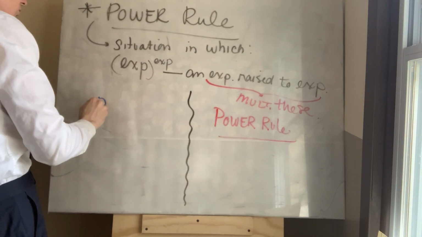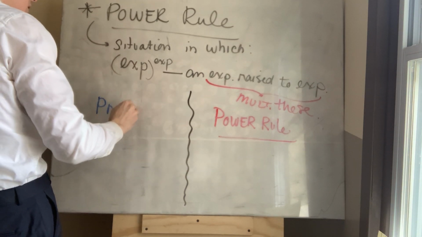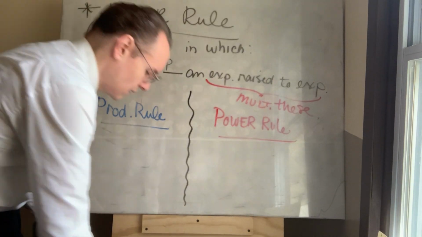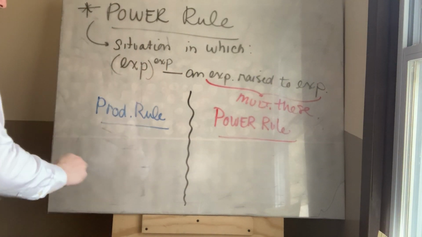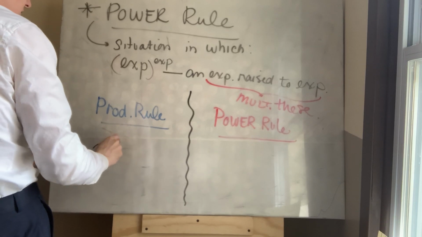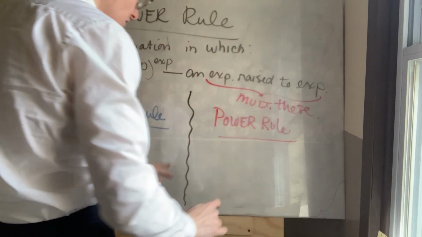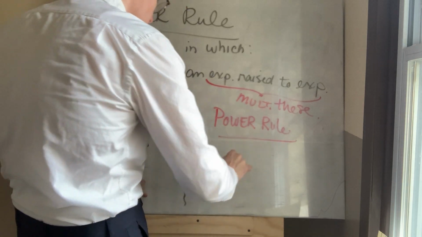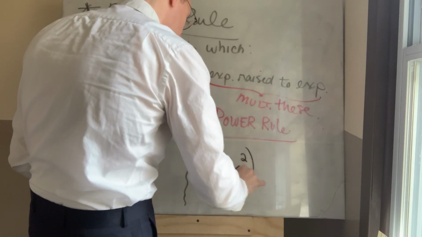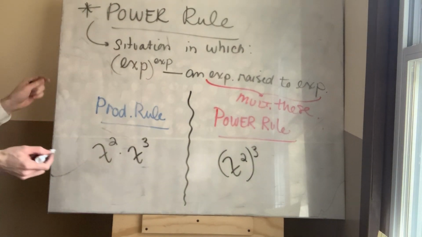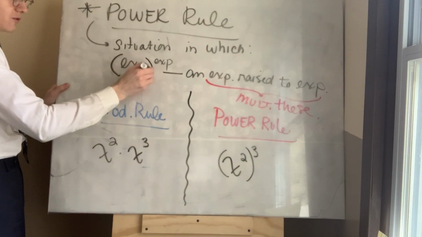Here is the product rule. If you had x squared times x to the third versus x squared being cubed, the power rule, you would see parentheses first of all.